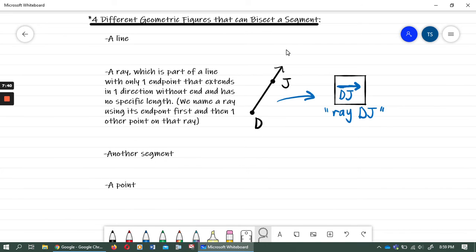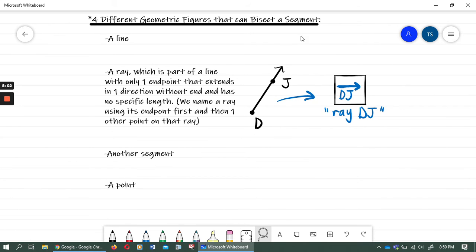The reason why it has no specific length is because it will not end when it's extending in that one direction. So if it will never end when it's extending in that one direction, it means it has no length. Alright, but anyway, guys, so that's what a ray is, and that's how we can name a ray.